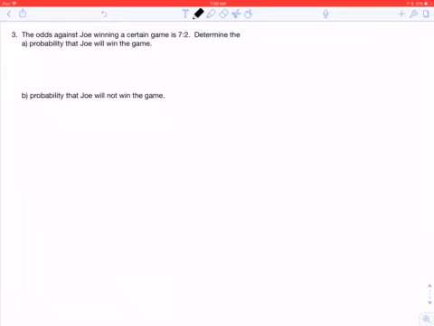Now, if the odds against Joe winning a certain game is 7 to 2, that means, using the definition for odds against, that there were 7 outcomes that were unfavorable to 2 that were favorable.